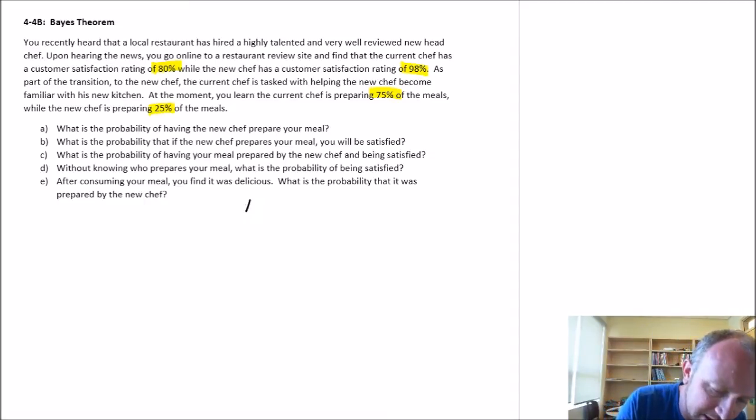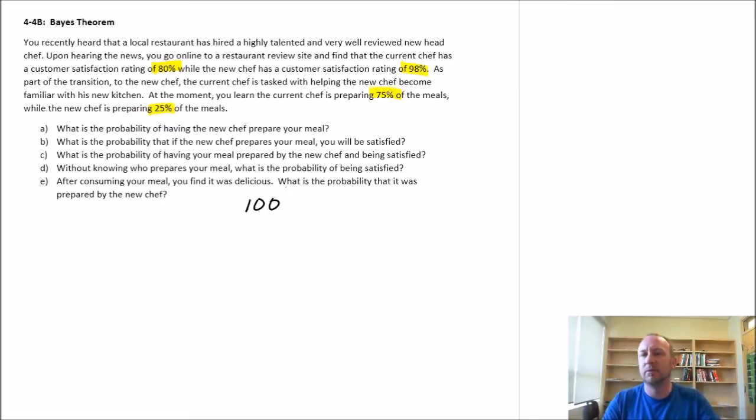This time, let's imagine that we're producing 100 meals. I'm going to use 100 because then we can work with whole numbers. We could work with 1, but then everything's decimals, and we get back to some of the challenges in dealing with probabilities. It's just harder to visualize decimals. So if we start off with this restaurant producing 100 meals, who's producing those meals?